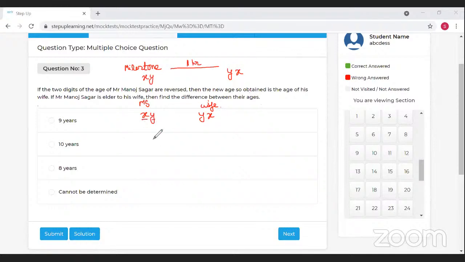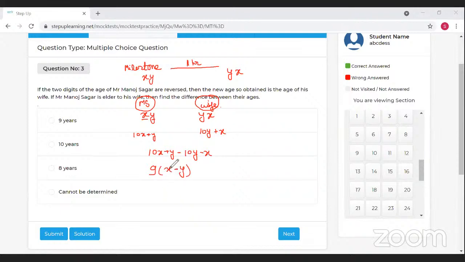Again, this XY and YX. So this could be 10x plus y, and this could be 10y plus x. So if Manoj Sagar is elder, and we need to find the difference of the ages, 10x plus y minus 10y minus x will give you 9x minus 9y.